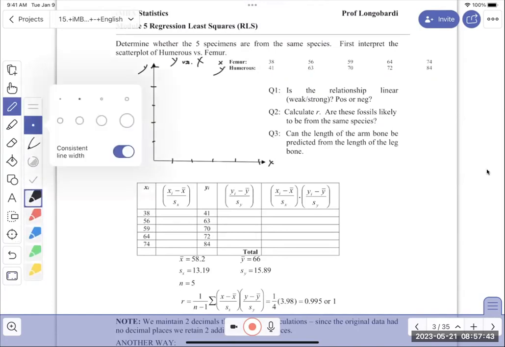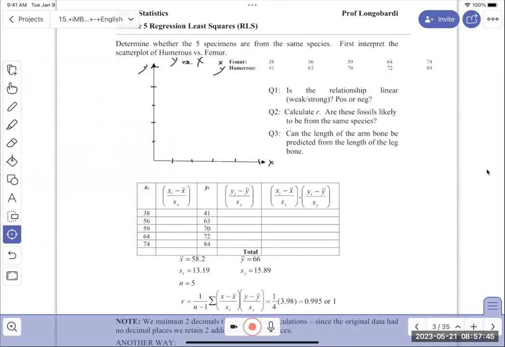And roughly speaking, 38 for X is about here, and 41 for Y is about here. So I'm going to put a dot, and it's not going to be perfect, but there you go. And then 56. So halfway between 50. Let me put some numbers here.